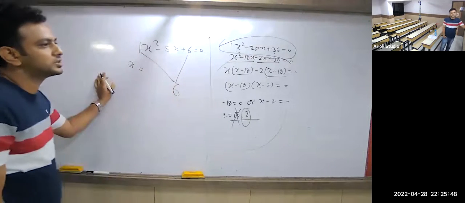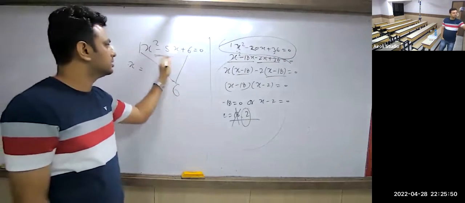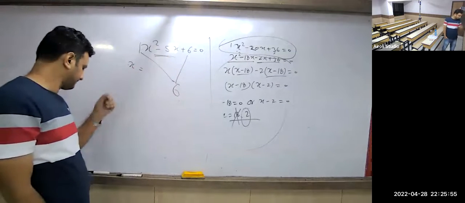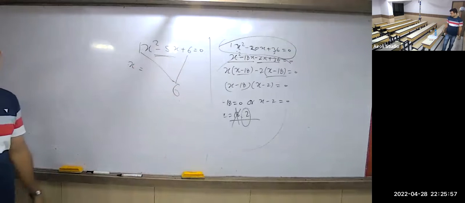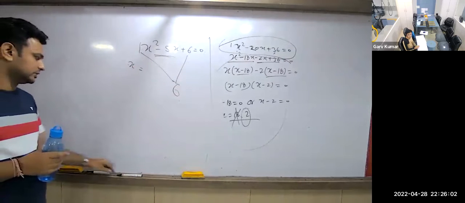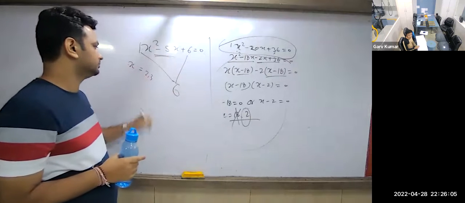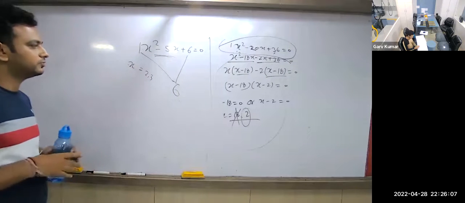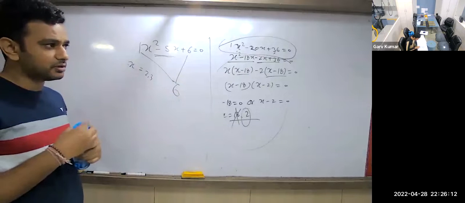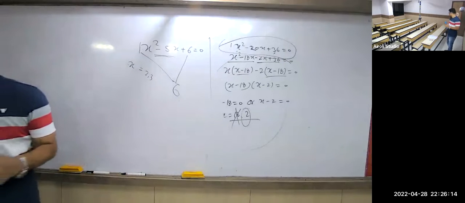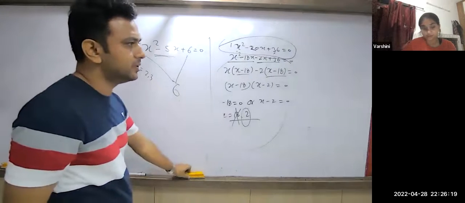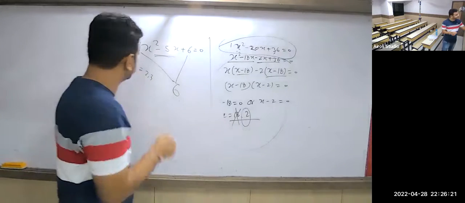You have to split this 6 so that you will get summation as minus 5. Yes. Sir, x is equal to 3 or 2. Correct. 2 and 3. Ashni, I'm waiting for you. Sir, 2 or 3. Correct.